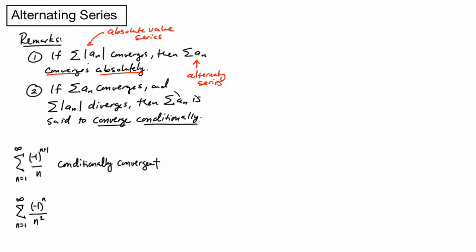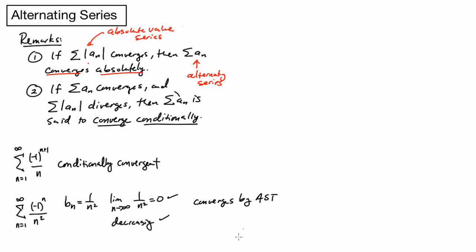The part that's not alternating is 1 over n squared, and the limit as n goes to infinity of 1 over n squared is indeed 0. This is a decreasing sequence. So both of these tell me that this series converges by the alternating series test.